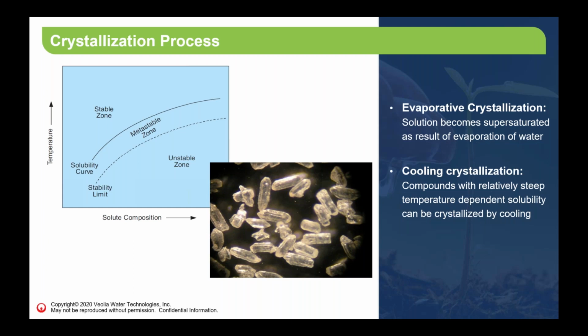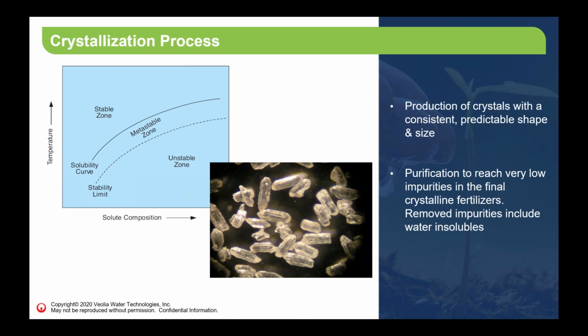The other way is cooling crystallization, usually applicable for compounds with relatively steep temperature-dependent solubility. In these cases, when we go lower in temperature, we also go below the solubility curve, the system is supersaturated, and we get our crystals.